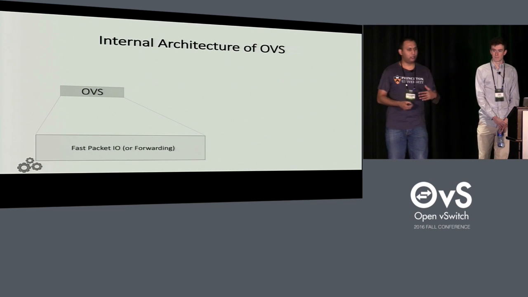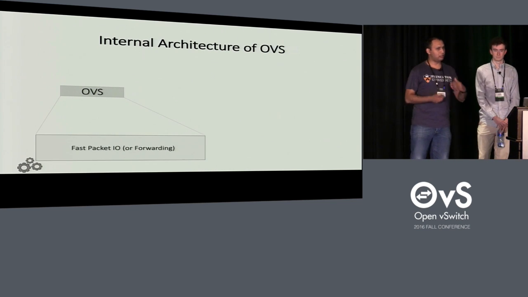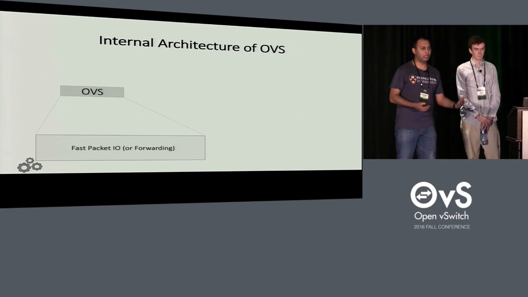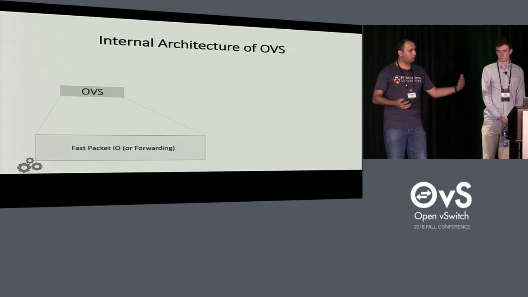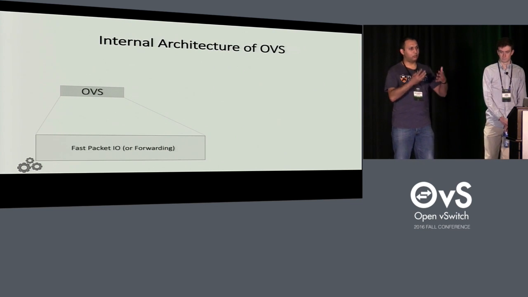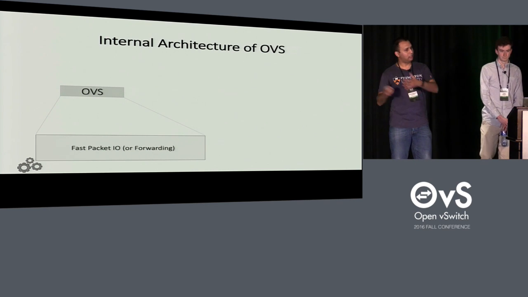Open vSwitch consists of two main parts. First is the packet I/O. That is, when a packet comes in, you need logic to receive the packet from the interface, then send it to the packet processing logic and then to the egress.